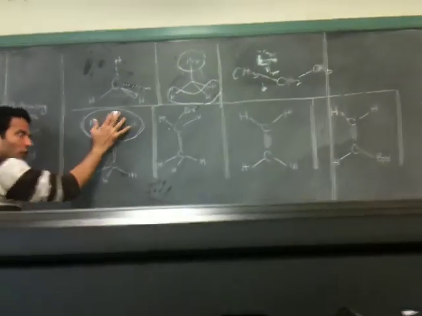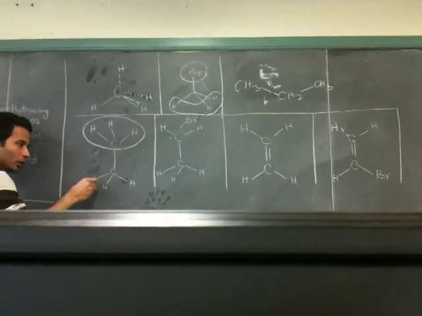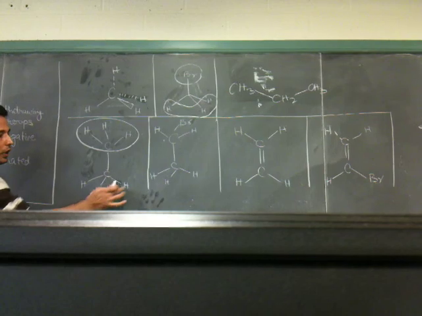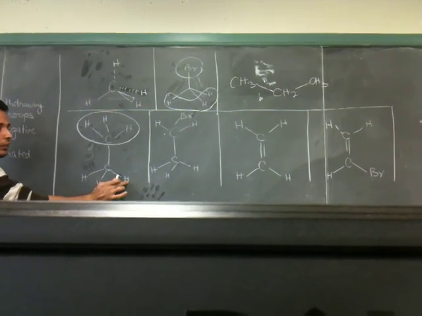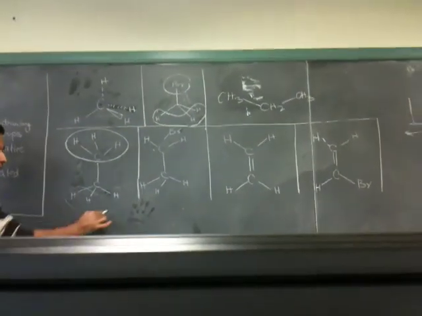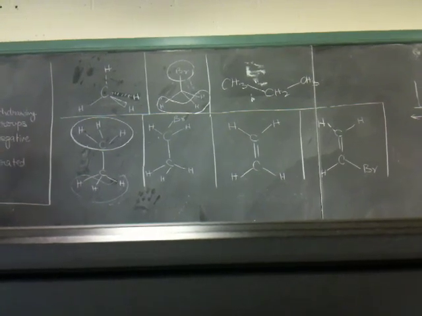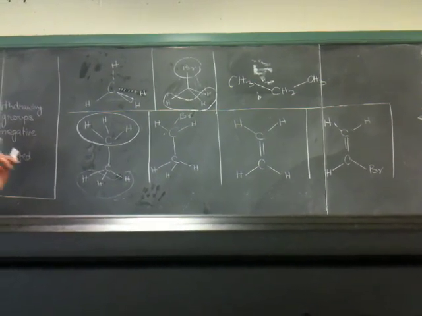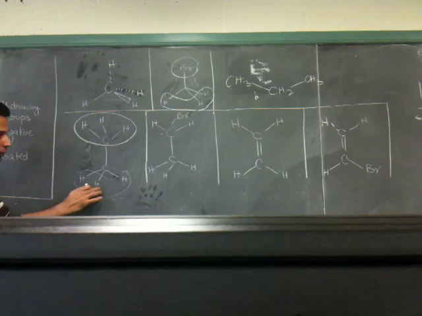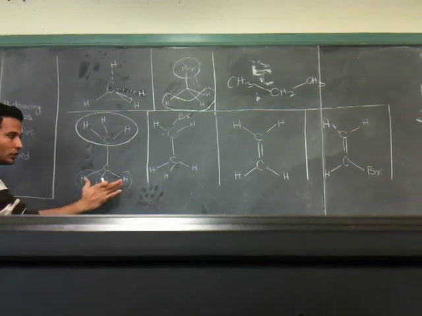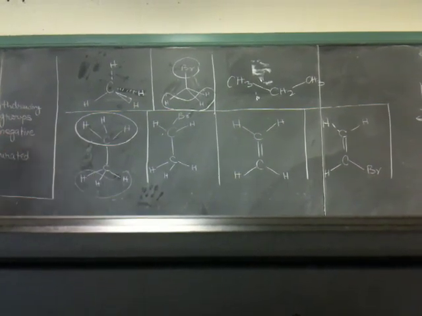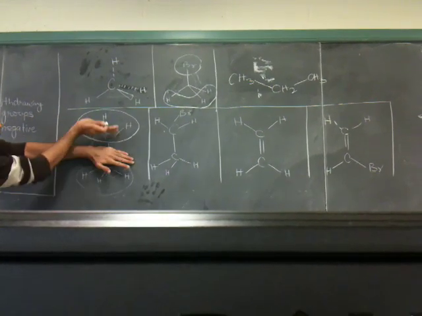Whatever effect this one as a group puts on this hydrogen will be the same on this one and this one too. It means these three make one set of protons, and you will see one peak for these three protons.